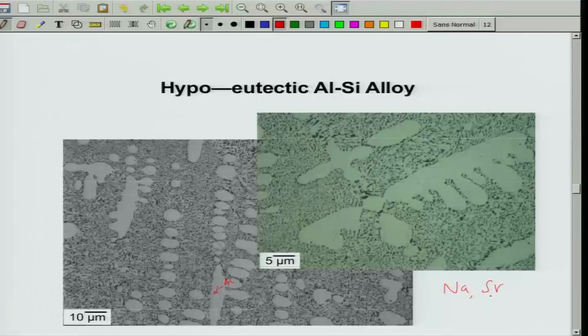If you add sodium, or some amount of strontium or whatever it is, sodium, strontium or any Misch metal or rare earth metals like that, they actually hinder the growth of silicon needles. Remember, silicon is a metalloid, it has its own growth problems. Unlike other metals like aluminum, copper, it cannot grow very nicely.